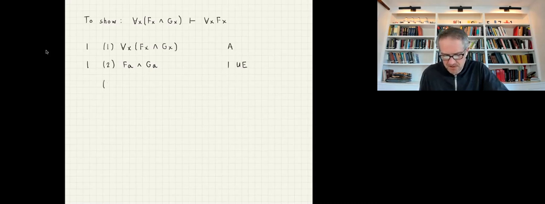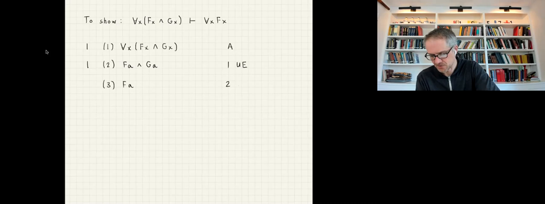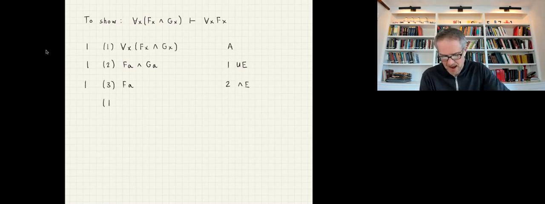Okay, so now comes the new rule. Actually, first I need to get my FA out. So I'll go ahead and use propositional logic, and elimination, to get FA. Now, normally you can't infer from FA to for all X, FX. That's not legitimate.